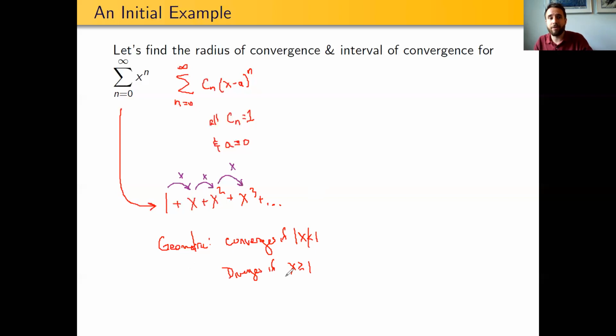And so what we have here now is a radius of convergence and an interval of convergence for this series, right? We can say that, and I'll usually use this notation, the radius of convergence, ROC, is capital R equals 1, and the interval of convergence, the IOC, is from -1 to 1.